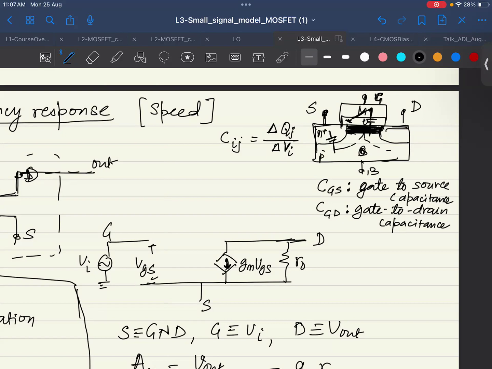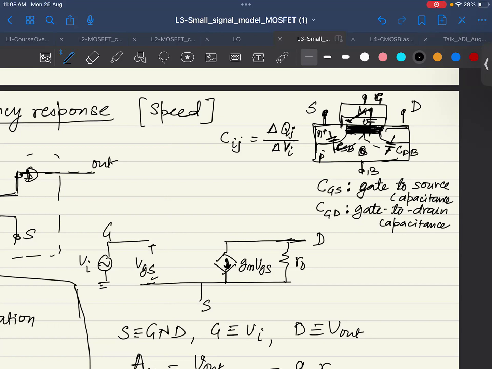You will study more in the physics of the transistor where its origin is. But this is directly coming from your PN diode, because a PN diode in reverse bias also has a change in charge with the node voltages, which results in a CSB, and there is a capacitance here also, which comes because of the change in the charge at the PN junction depletion region, with respect to CDB, right?